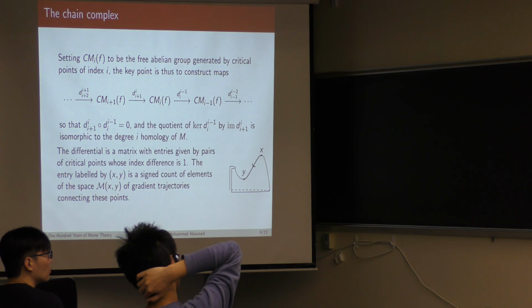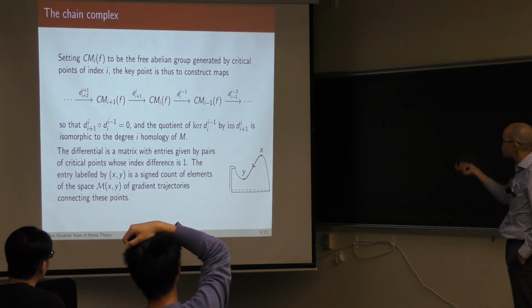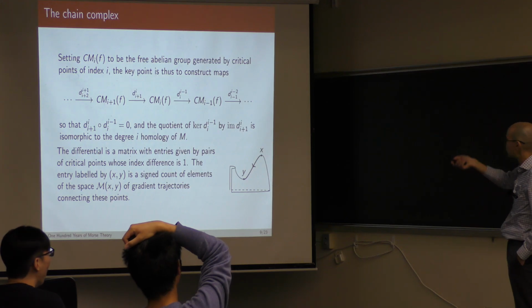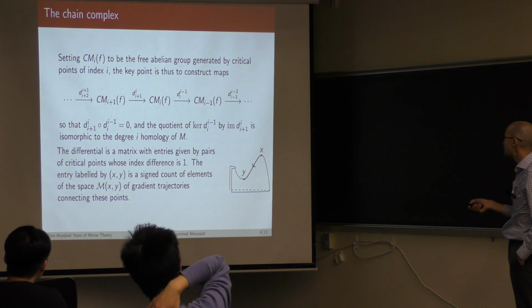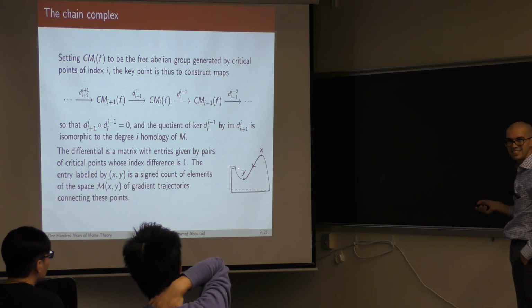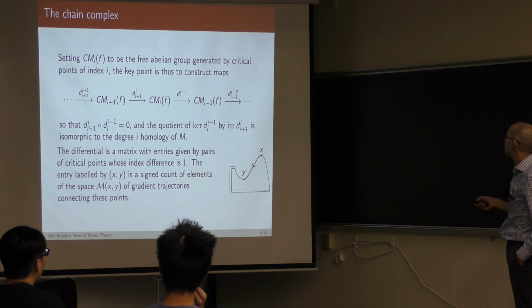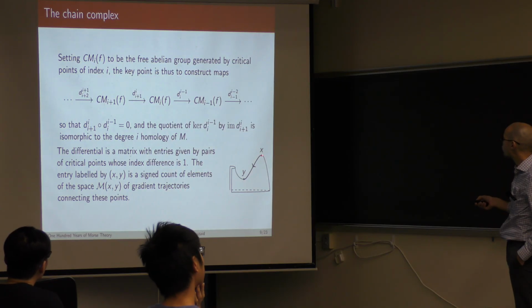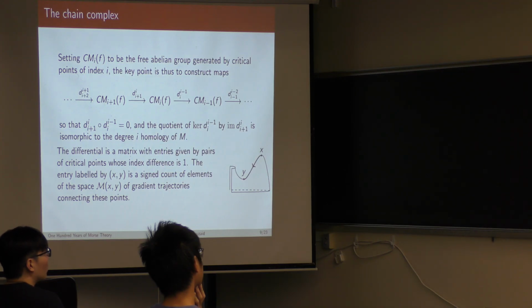And the realization is that this number, so the kind of Floer's observation, which again, apparently Witten knew already, is that we can set this up so that the number is exactly the number of gradient trajectories, which means the number of solutions to an ODE, where this ODE is defined on R, and the solution goes to x as you go to minus infinity, and y as you go to plus infinity. You just count how many solutions there are.